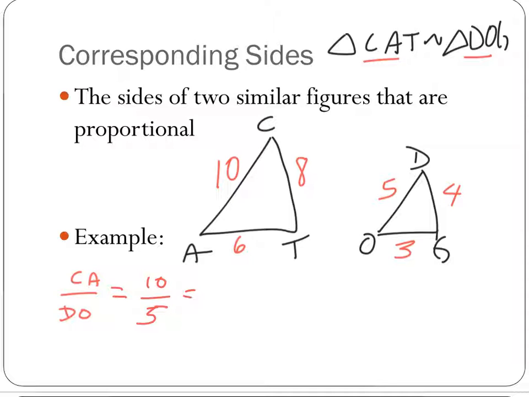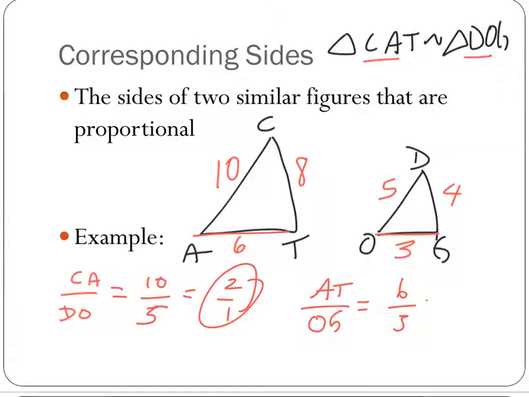It's a 5, which is really the same as 2 over 1, right? So one is double the other one. And notice that works really well. I can say AT and OG, right? AT matches OG, and, oh, that's the same thing. That's 6 over 3, which reduces to 2 over 1. So my proportion is 2 to 1 on this one, right?